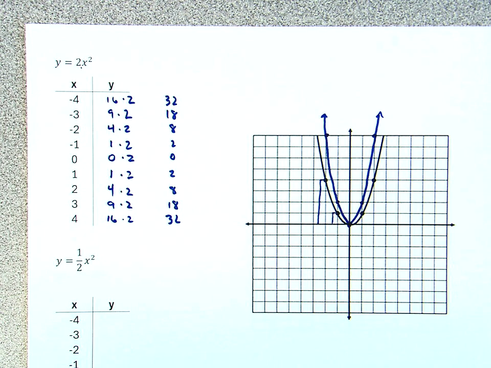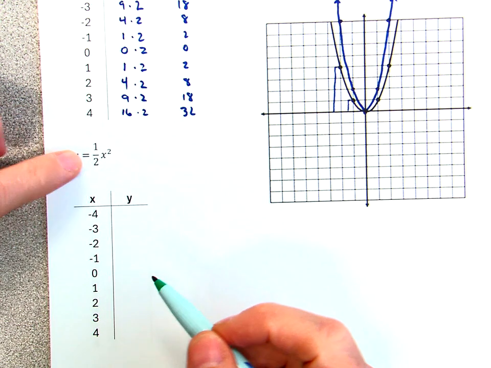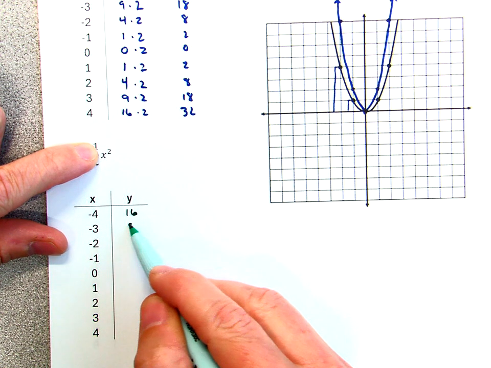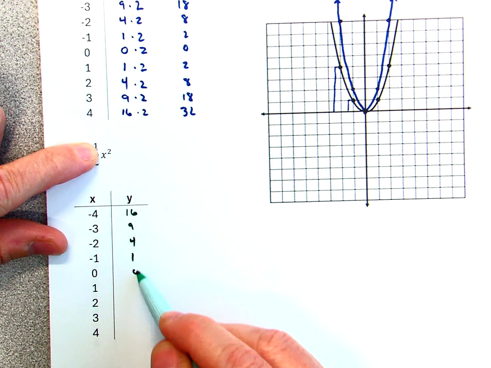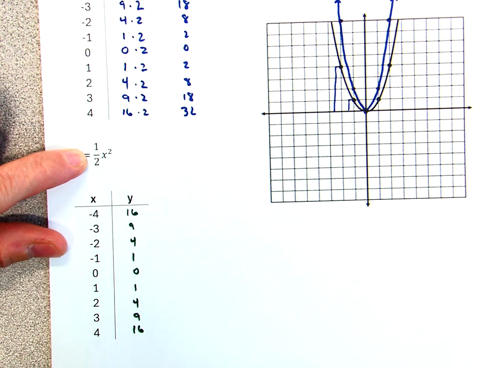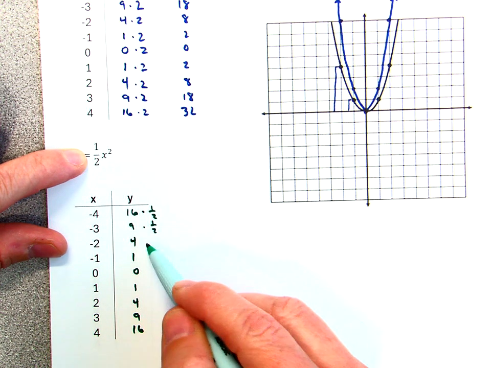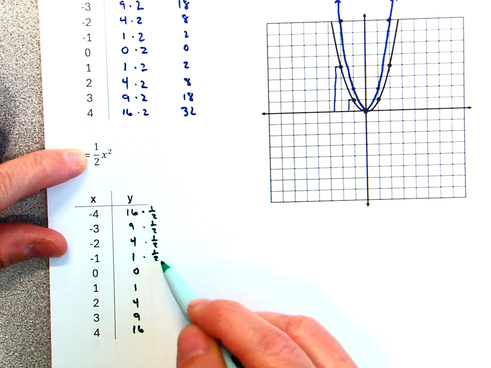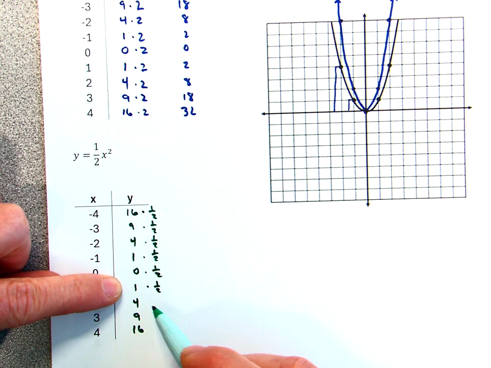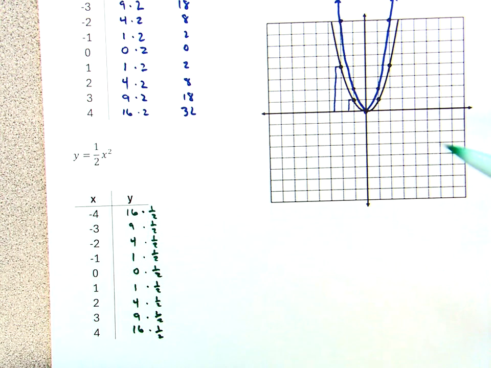And we can think of this in the same way if we looked at 1/2 x squared. Order of operations says we would do x squared first. So if I square each of these values, then I'll take half of it. So now I'll multiply each of these by 1/2. It's the same kind of concept where each of these y values is the distance they are from the x-axis.